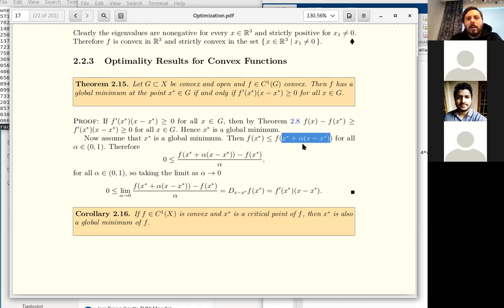In particular, if we are moving towards some point x, along the line from x star to x, let's say we take x star plus alpha times x minus x star. So at alpha equals 0, we are at x star, and at alpha equals 1, we are already at x.